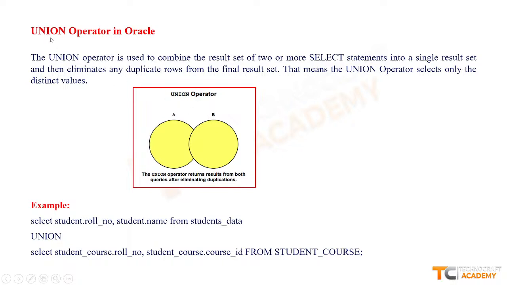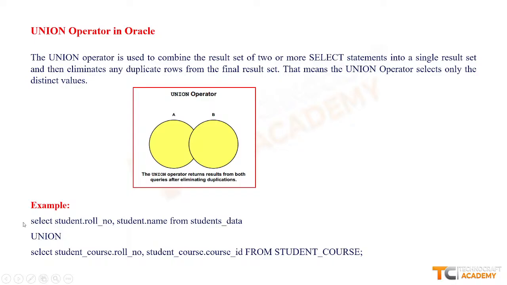When we use union, we get all the results, but the duplicates are removed from the final results, so we get all the distinct values from both the queries.